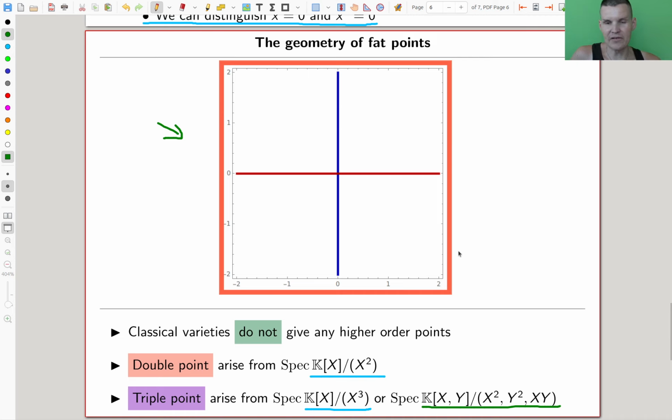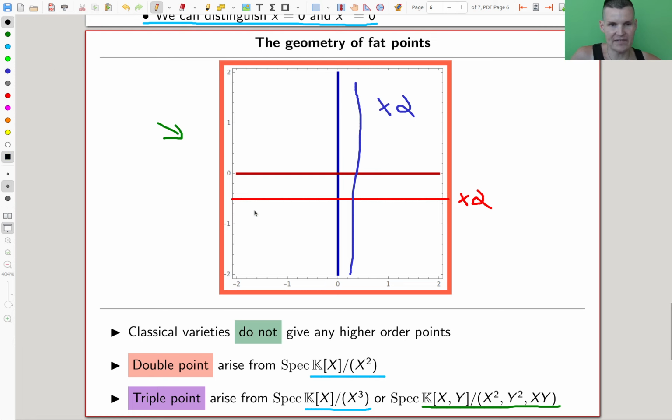Intuitively, x squared equals 0 is like the red line here, yeah. But you kind of run it twice, okay? Right, y squared equals 0 is a blue line, yeah. But you again run it twice because it's y squared. And xy equals 0 is a cross itself, but you run it once, right?